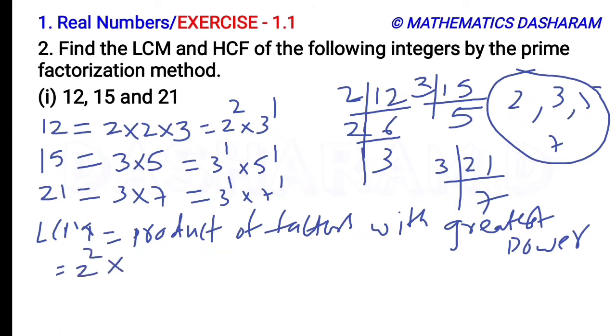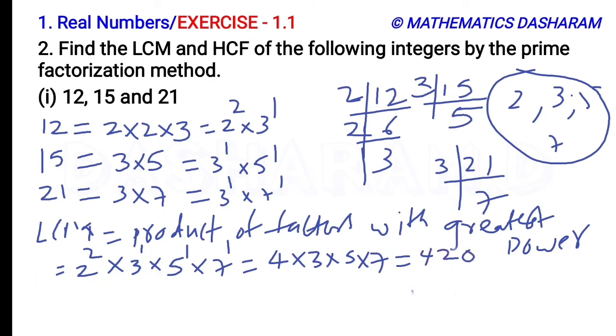Next 3. Here its power is 1. It is the greatest itself. Next 5. Its power is 1. Next 7. Its power is 1. So 2 square 4 into 3 into 3 into 5 into 7, it equals 420.